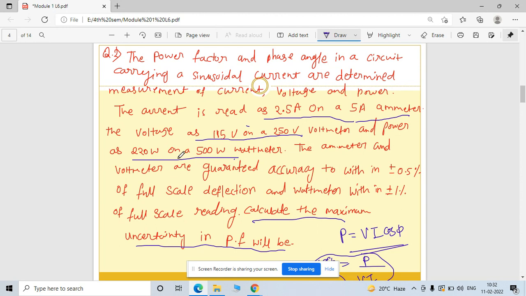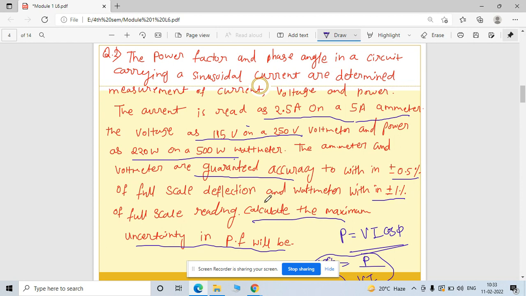The ammeter and the voltmeter have a guaranteed accuracy of plus minus 0.5% of full scale deflection, and the wattmeter plus minus 1% of the full scale reading. So guaranteed accuracy is given to you. This is nothing but your full scale guaranteed accuracy error.